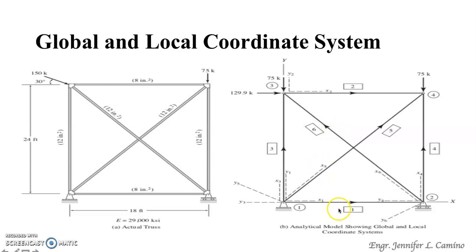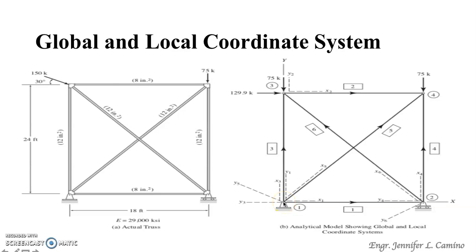You have 2 horizontal, 2 vertical, and 2 diagonal. So they are numbered enclosed with a rectangle. How many joints do we have on the plane truss? Let us count off. We have 1, 2, 3, and 4. So you have 4 joints on the plane truss. They are numbered enclosed with a circle. So for this one, if we're going to identify our global coordinate system or the structure coordinate system, let us have this as our origin.